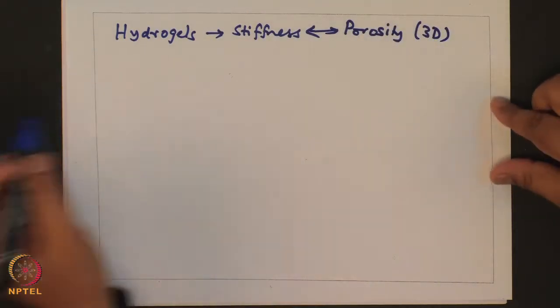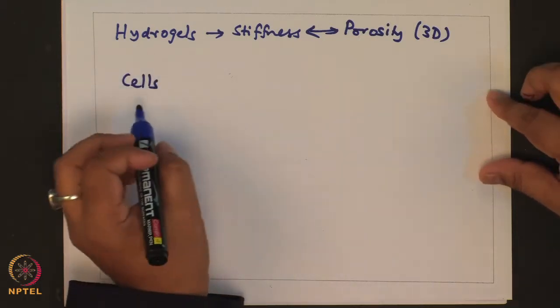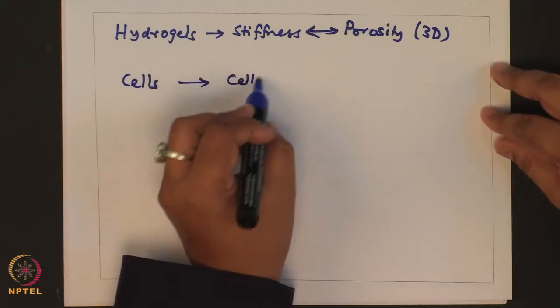For hydrogels or for cells, for all of mechanobiology, we want to measure their properties. How do the cells mechanoadapt?